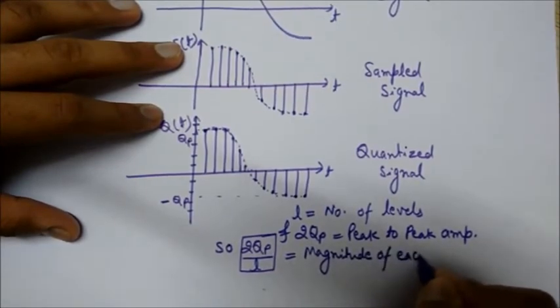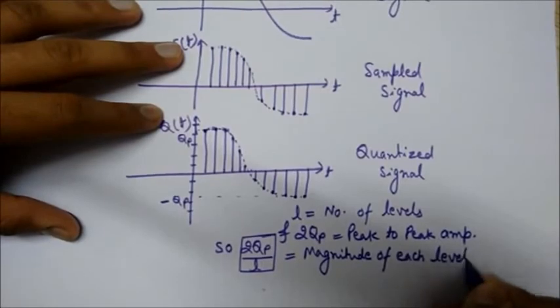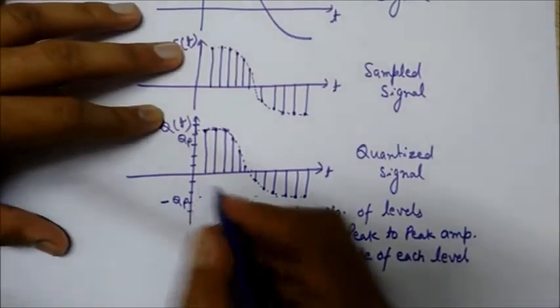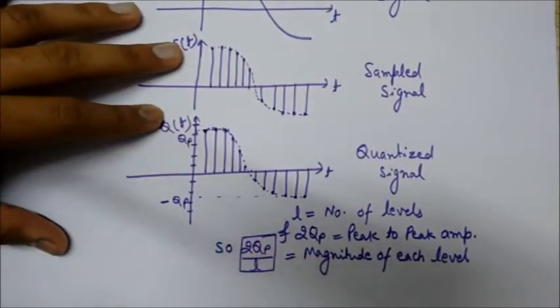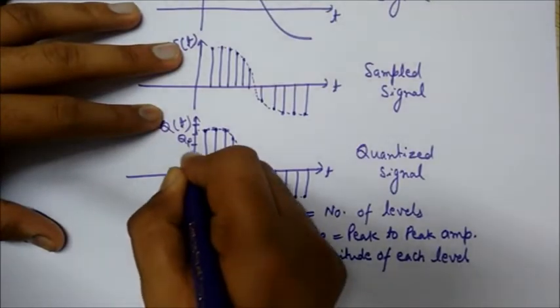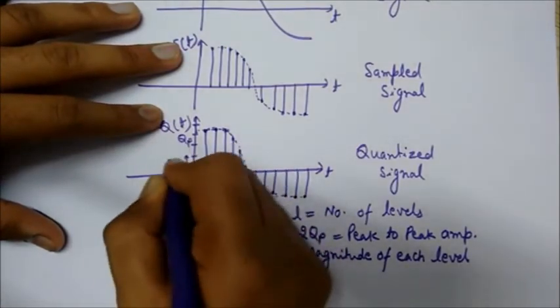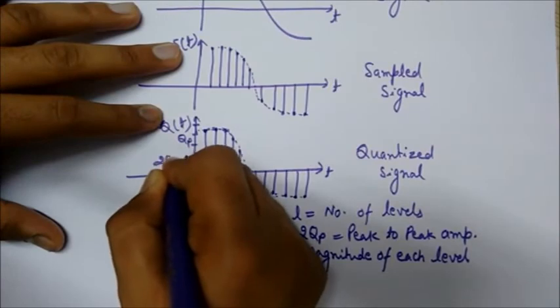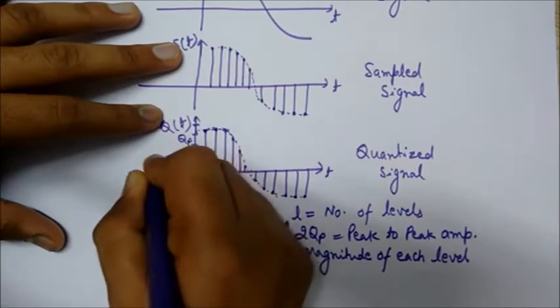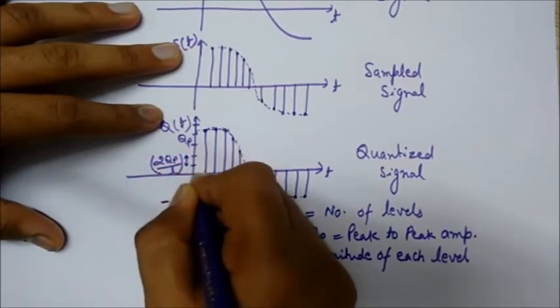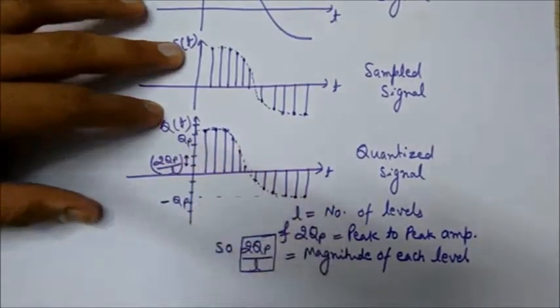What is 2 QP by L? It is the magnitude of each level. This distance or this distance, these are all the same distances.